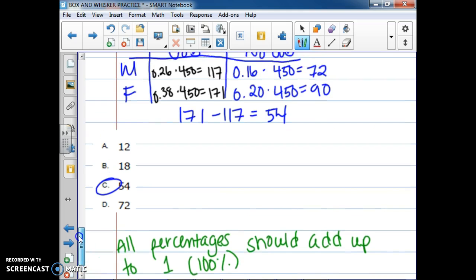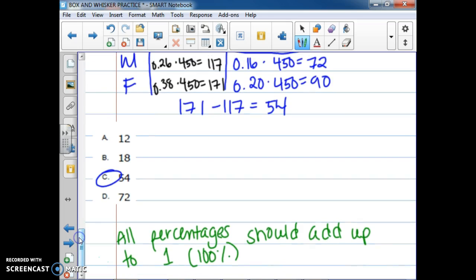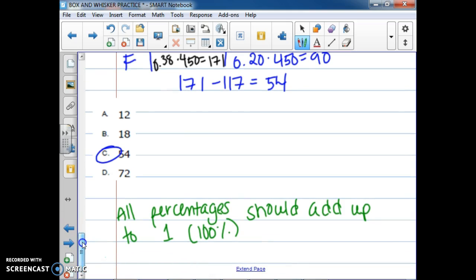So if I take 0.26 plus 0.38 plus 0.16 plus 0.20, it should equal 1, and it does.